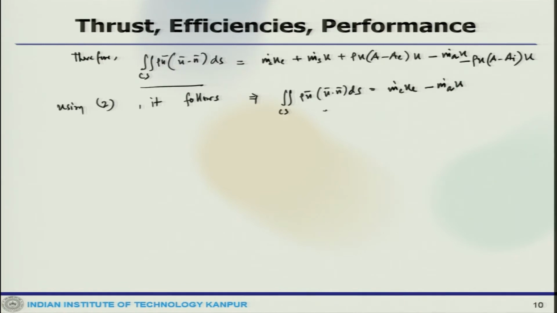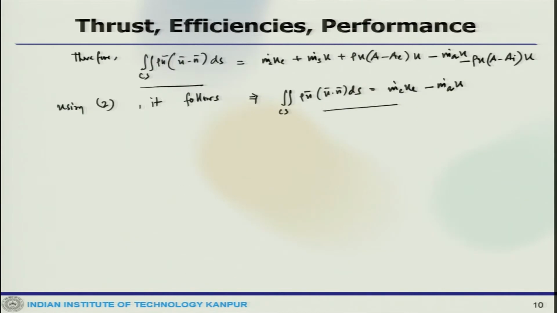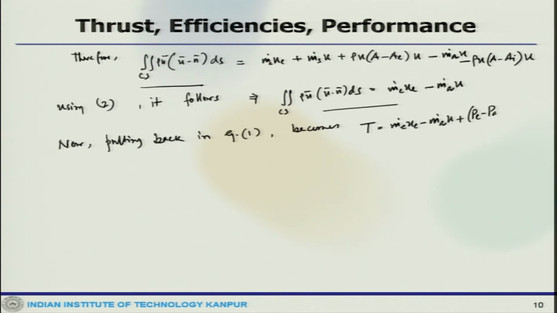Once we get this, we put it back in equation 1, and it becomes T equals m dot e u e minus m dot a u plus (p e minus p a) A e.